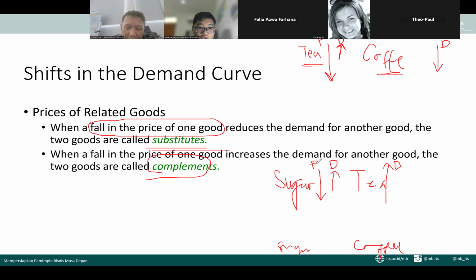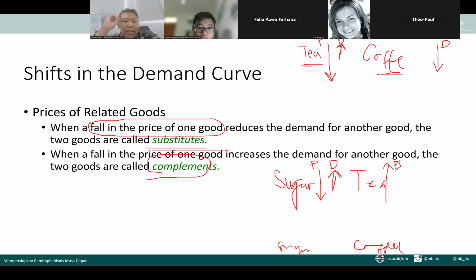Because of the reduced price of sugar, which will increase the demand for sugar, people will also buy more tea because they can buy more sugar. Now the quantity demanded for tea will also increase.